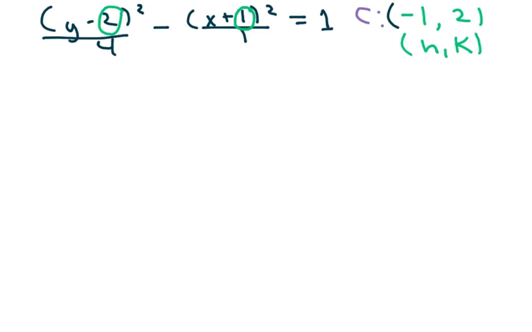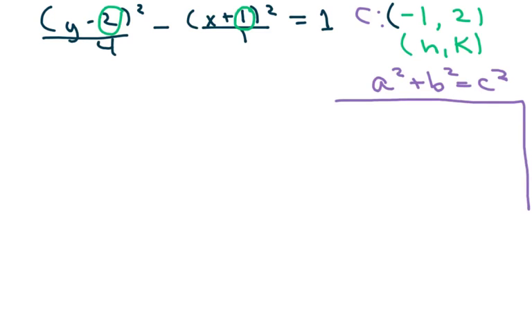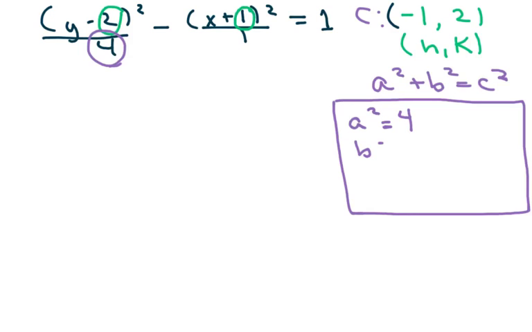And then we're going to do a squared plus b squared equals c squared, because we need the c for the foci. I'm going to put a little box here. So a squared is just your first number. It really doesn't matter here because we're just adding a squared plus b squared. So that's 4. b squared is 1.